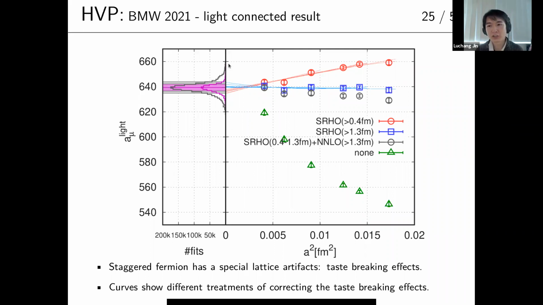That's because at longer distance, the taste breaking effect is more important, so I guess correcting that is really important. Without correcting, the extrapolation is more problematic. If we do this, we will get a much off value, which is even higher.